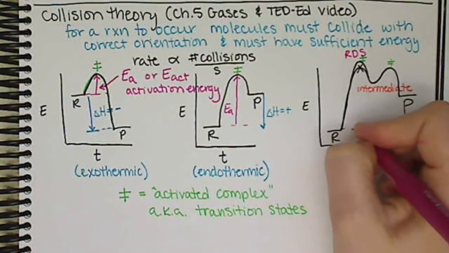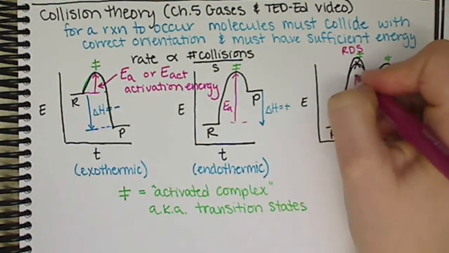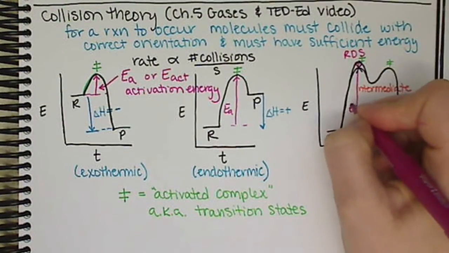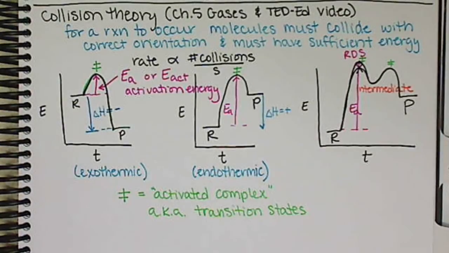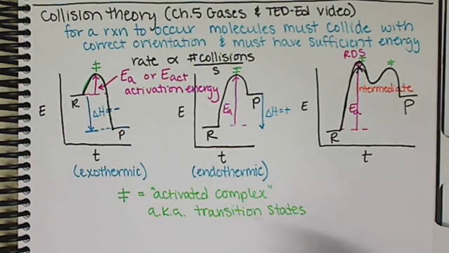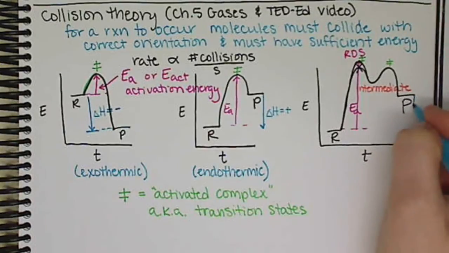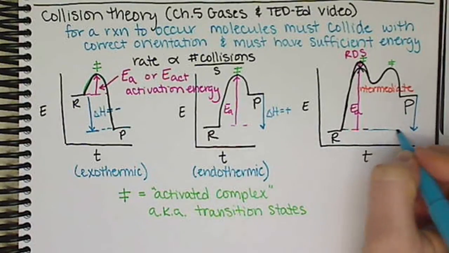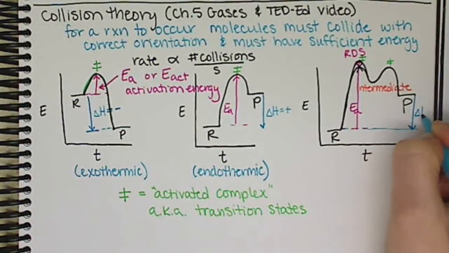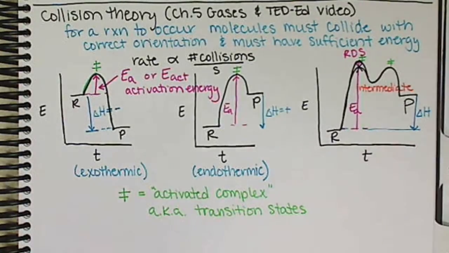Energy of activation is that largest amount of energy that we have to put in. And our concept of our enthalpy change still remains the same, in that it's just the difference between our reactants and our products.